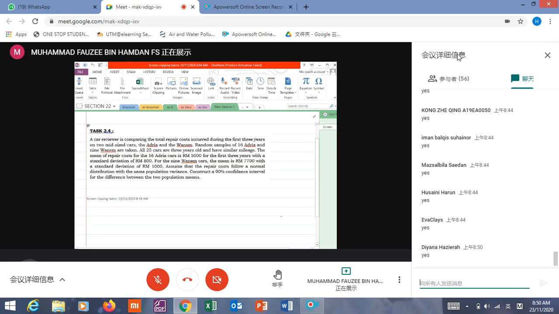Anyone have a problem to solve this question? Based on the given information, can somebody tell me which case this problem is? Case number?